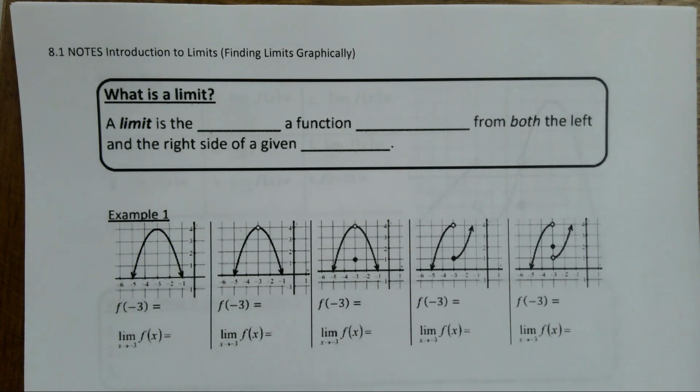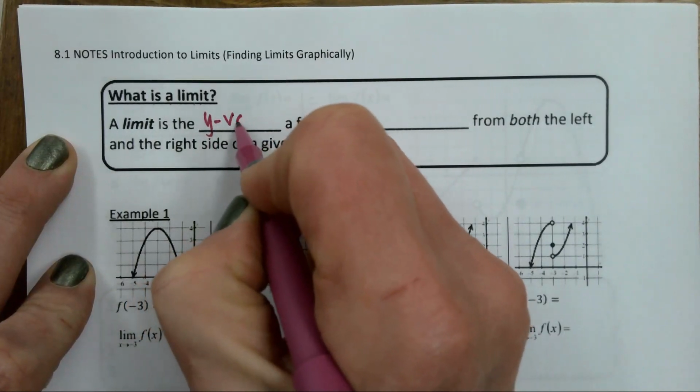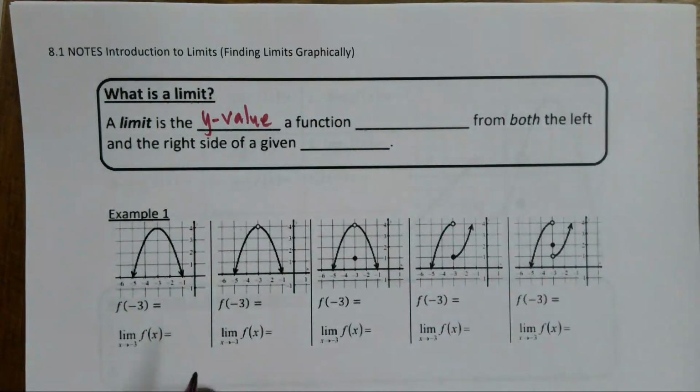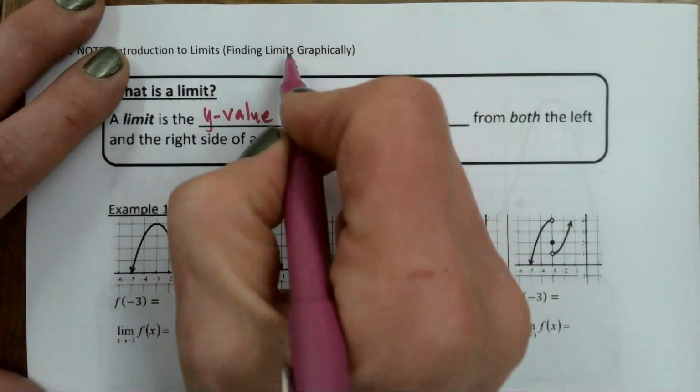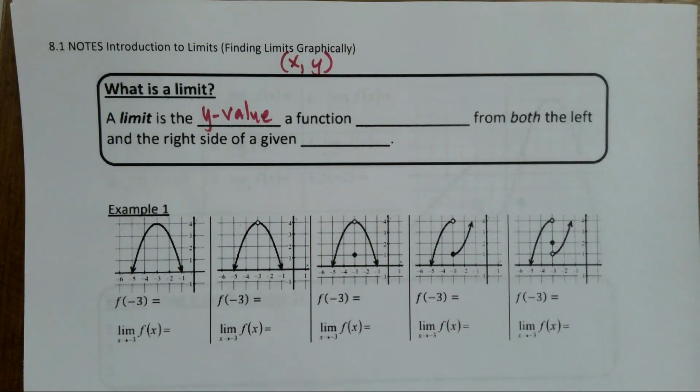But basically, a limit is the y value. So we're looking at graphs or values, or the output value. We talk about that when we look at points. We have an input, output, an x, y, a rectangular coordinate.